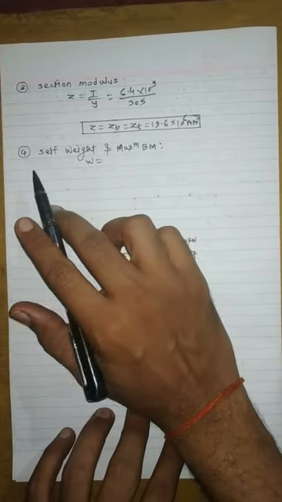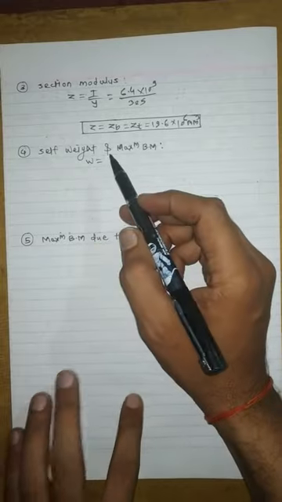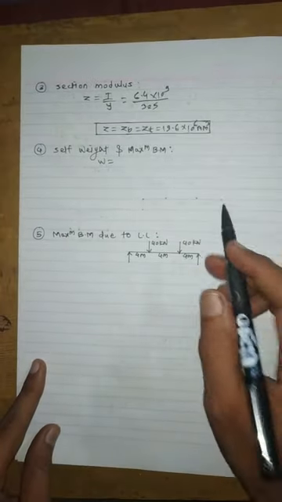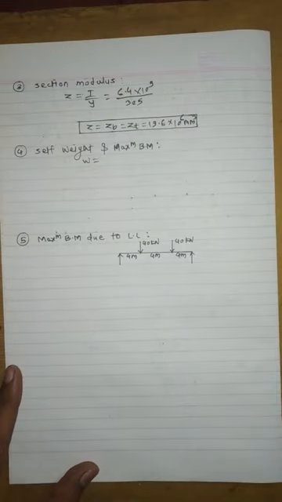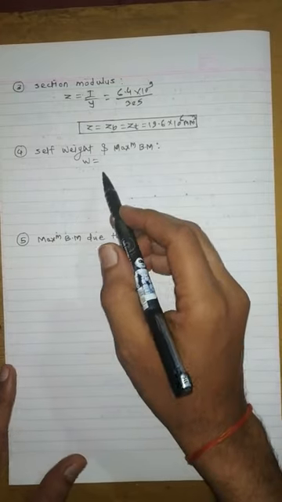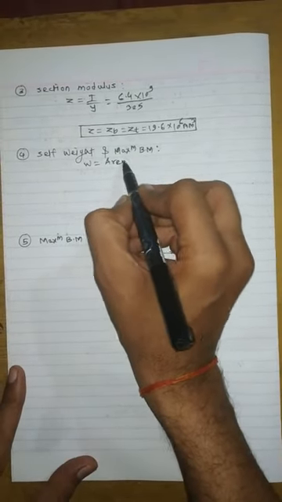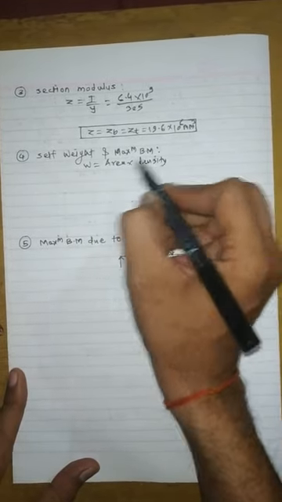Here step number 4, self weight or maximum BM due to self weight. To find maximum BM due to self weight, first we have to find self weight of beam. So self weight of beam, W, is equal to area into density, or specific weight of concrete.